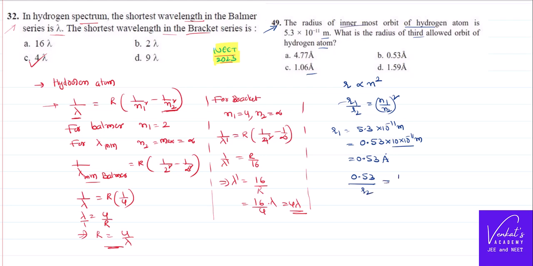Innermost orbit means n1 equals 1. Allowed third orbit means n2 equals 3, whole square. So r2 equals 0.53 into 9. 9 3s are 27. So that's going to be 4.77 angstrom.